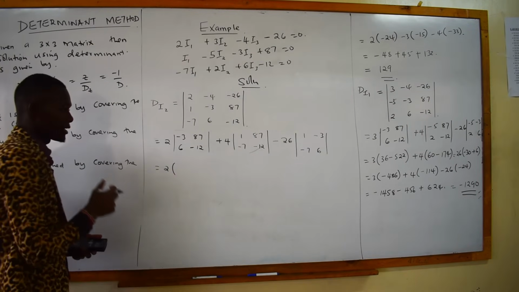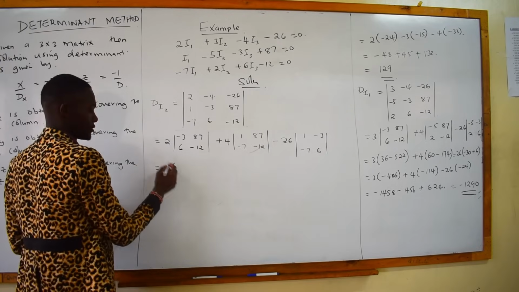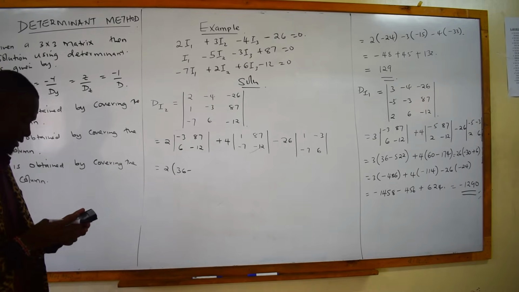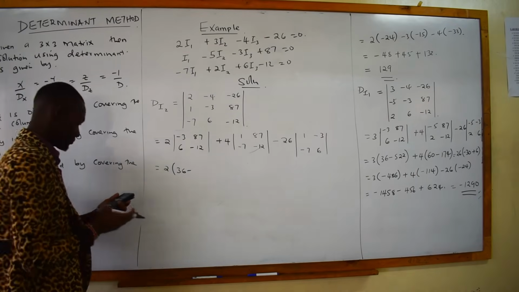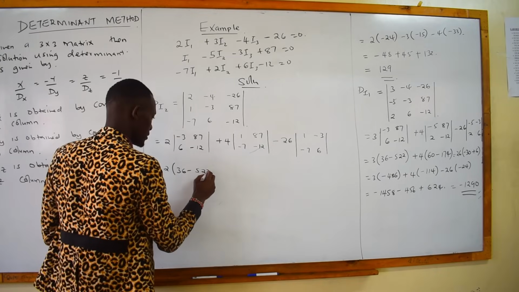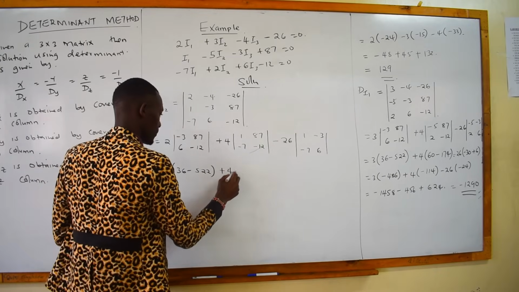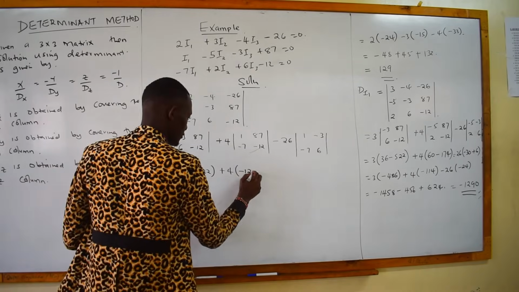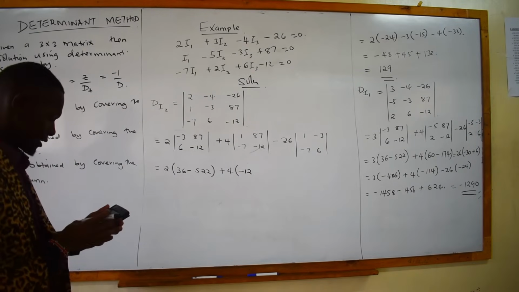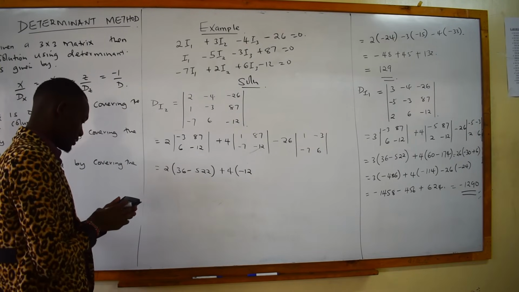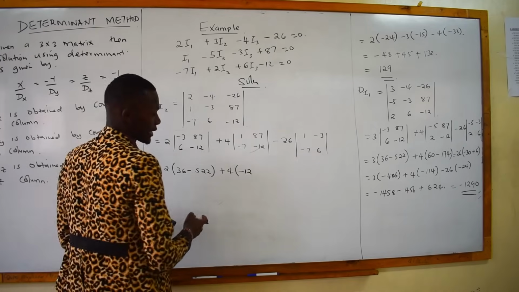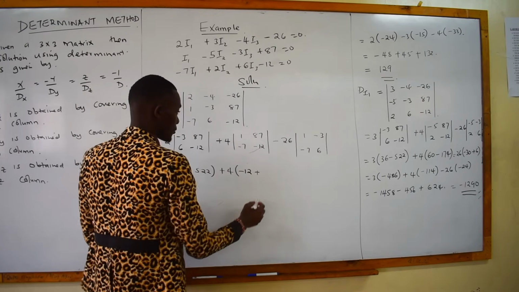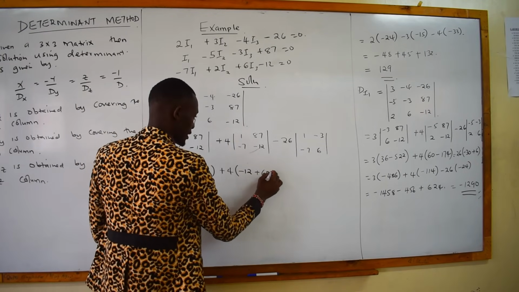Negative 3 times negative of 12 gives you a positive of 36. Then subtract 6 times 87, again 522. Then plus 4, negative 12 times 1 is negative of 12. Then negative of 7 times 87, we have negative of 609. But remember, we're supposed to have a negative here, so we shall have a positive of 609.